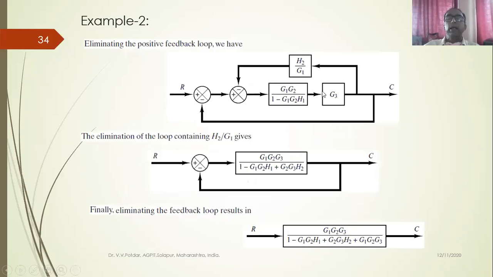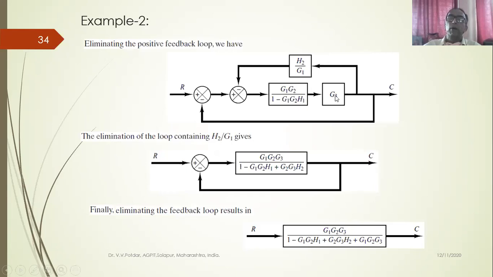And in the feedback loop I have got H2 by G1. Now by eliminating the loop containing H2 by G1, this is one more feedback loop. This can be eliminated first by multiplying this block with G3. So G1 G2 G3 will be the feed forward block, a single block, and the feedback loop has got H2 by G1. So how to combine this?